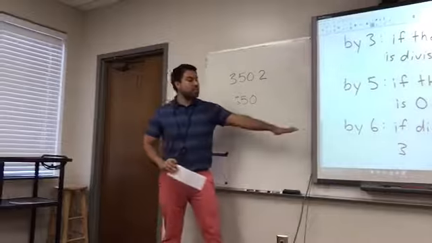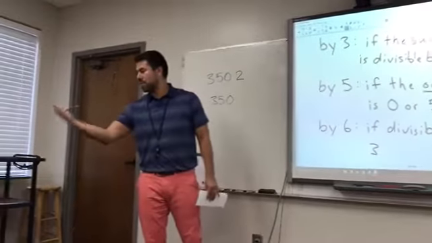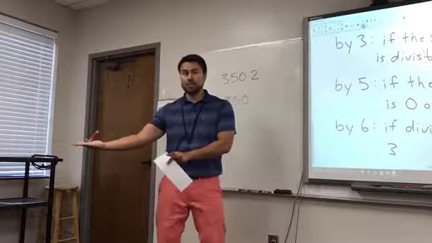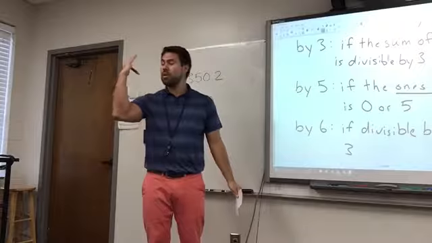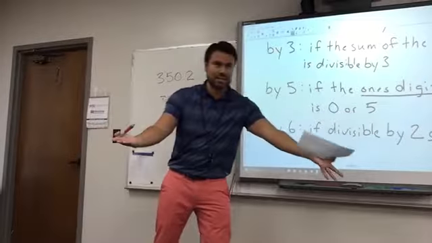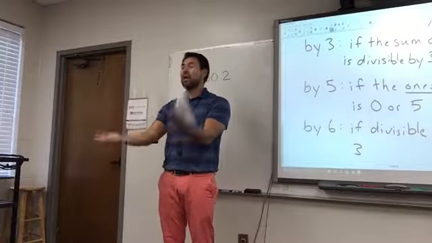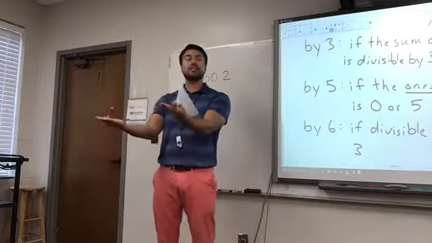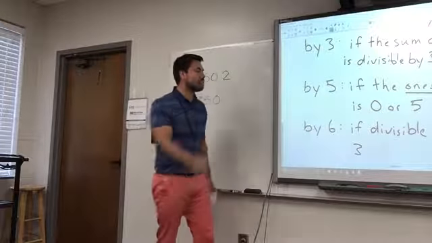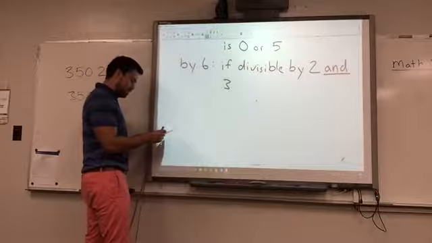So, according to this rule, by 6, if the number is only divisible by 2, is it divisible by 6? No. If it's only divisible by 3, is it divisible by 6? If it's divisible by 2 or 3, 2 and 3, see, that's where the keyword works. If it's divisible by 2 and 3, is it divisible by 6? Yes. It has to be by both. Come on, guys, we're almost done here.